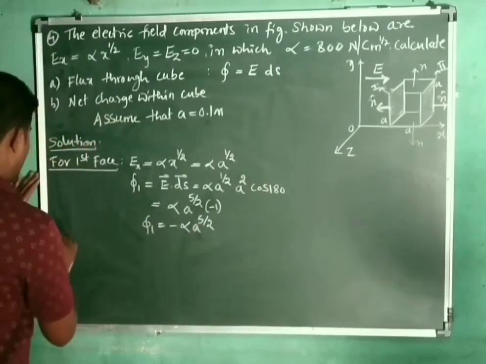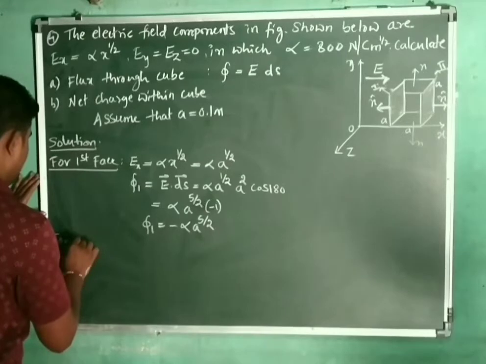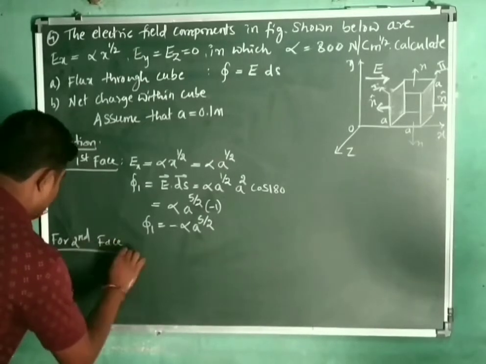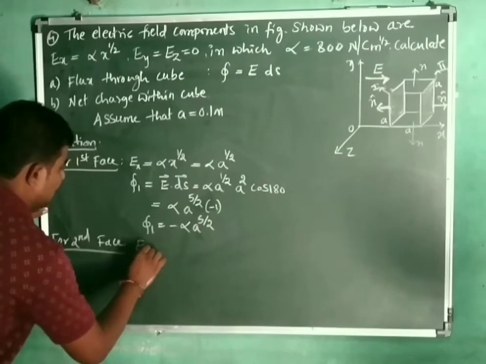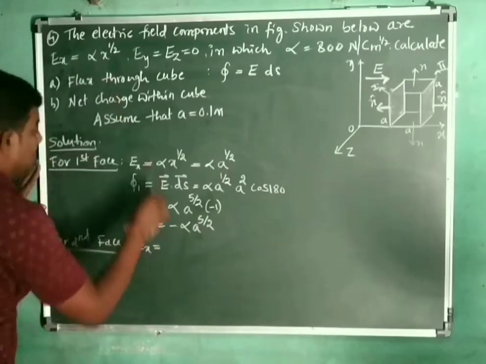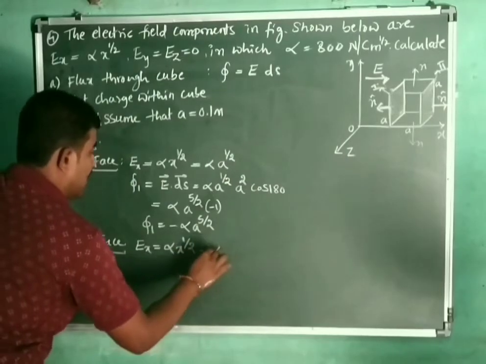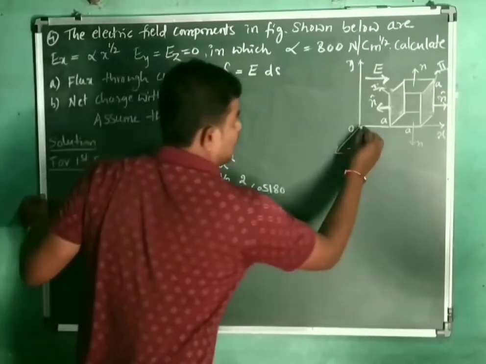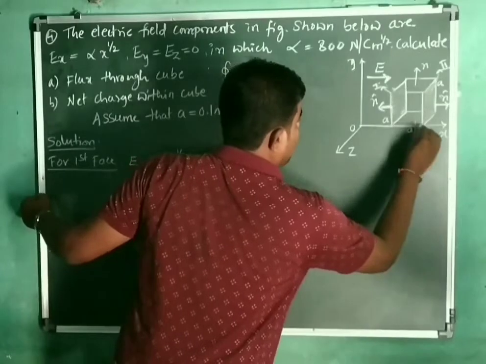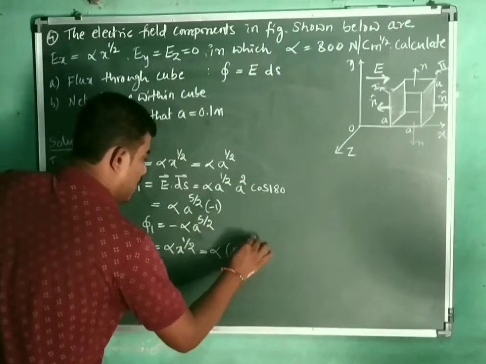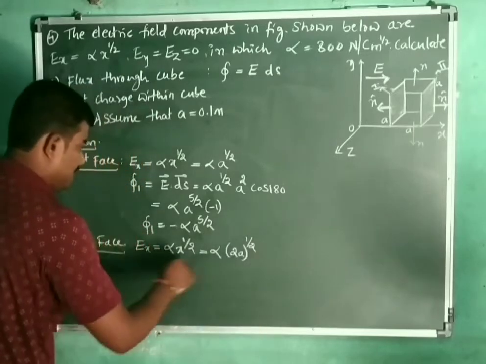And for the second face, E is once again alpha x to the power 1 by 2, and the x value in this case is a plus a, that is 2a, so it is alpha into 2a to the power 1 by 2.